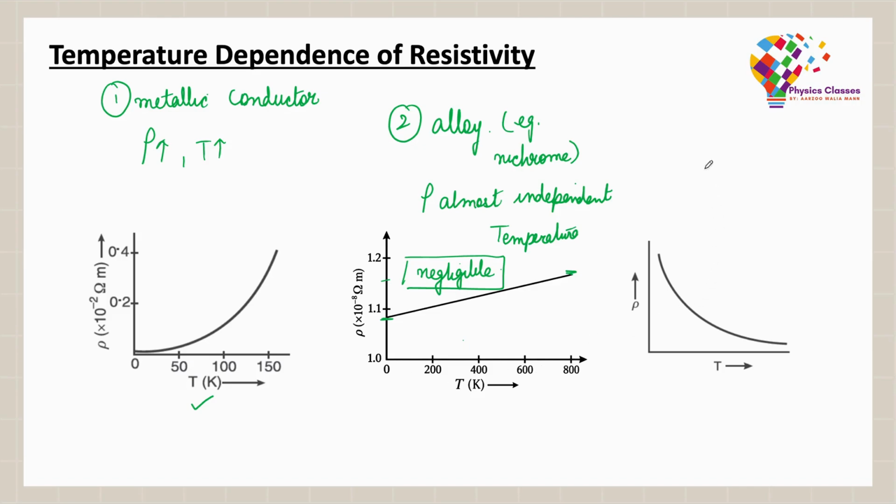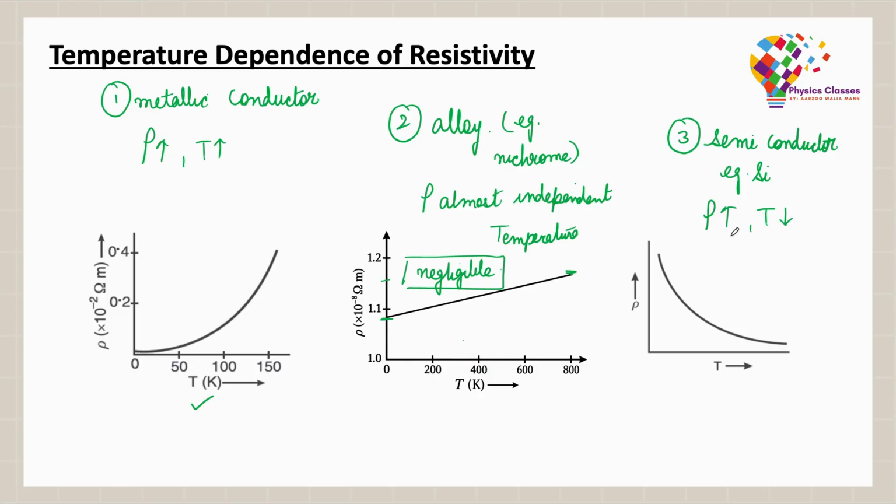And then this third graph is for a semiconductor. It can work for a semiconductor and it can even work for an insulator. Semiconductors can be like silicon, germanium, right? For them, the resistivity increases with the decrease in temperature. So for them, resistivity is inversely proportional to temperature. Why?